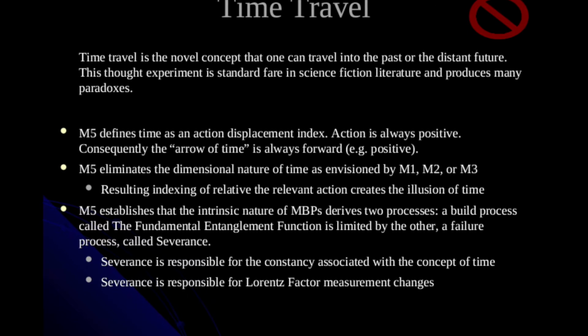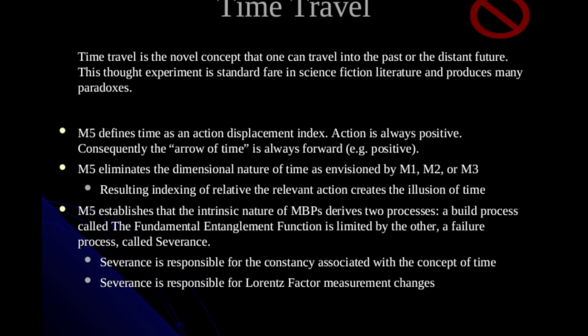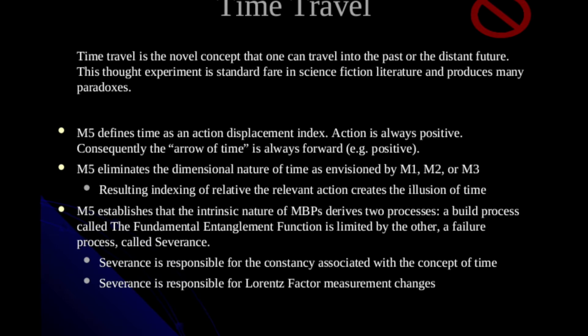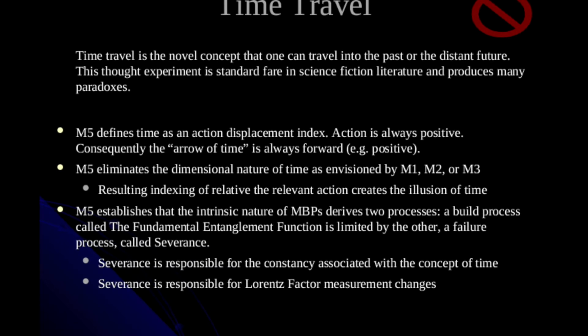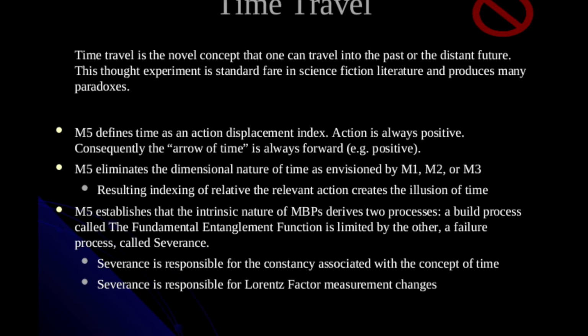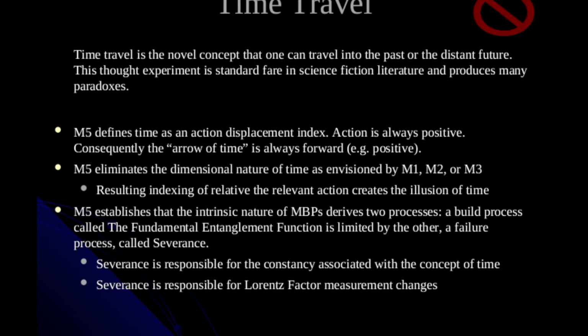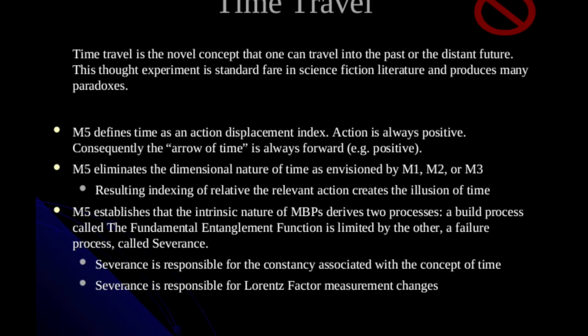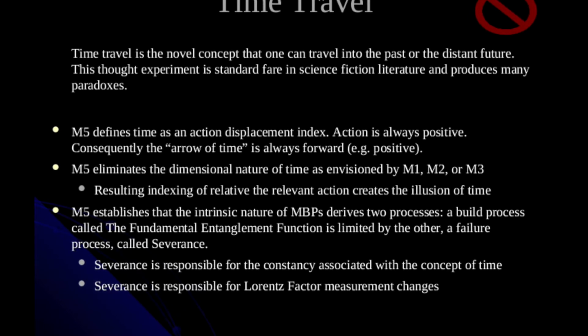Severance is responsible for the constancy associated with the concept of time, because everything fails at the same point. Because everything is a derivative of the most basic particles under M5, everything essentially fails along the same set of values. Those values may be shifted slightly because of structure and other considerations, but that's fundamentally a function of severance.